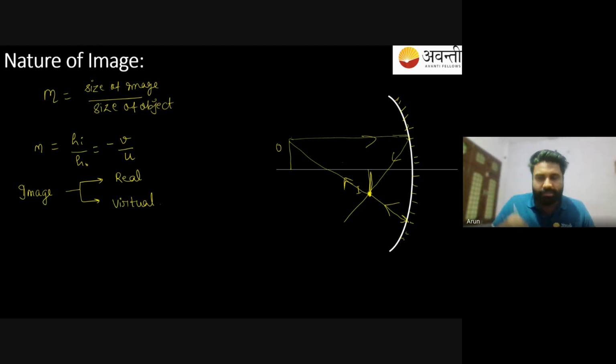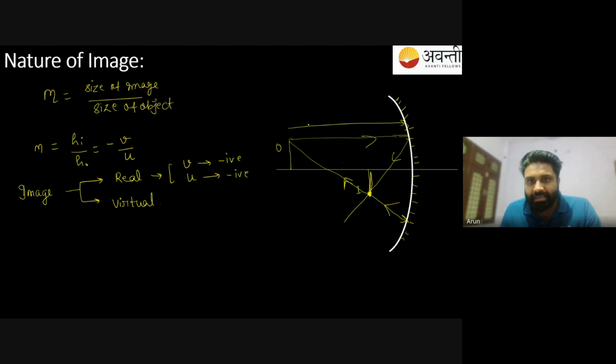So what you have to keep in mind is that for a real image, v is negative and u is also negative, because in this example u is measured in the direction of the reflected ray, and v, the distance of the image, is also measured in this direction.